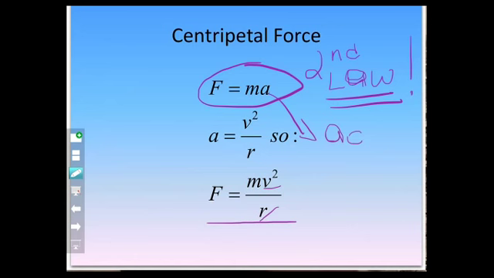With the speed, as the speed increases, the force increases proportional to the square of the speed. And there's an inverse relationship between the radius and the force. As the radius goes up, the force required to keep the same mass moving at the same speed goes down, because the magnitude of the acceleration decreases.